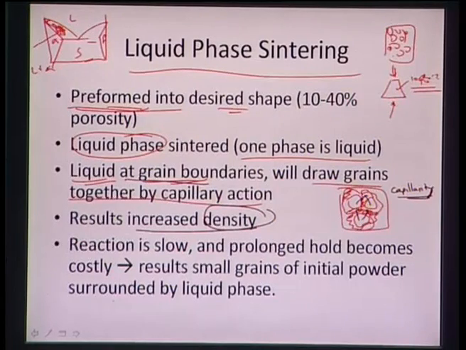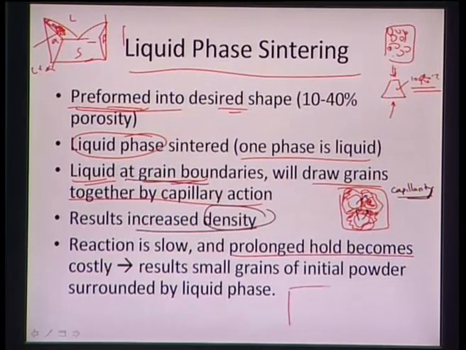But what happens in liquid phase sintering is that the reaction is very slow, because in this case one phase is still solid, so it has to undergo much diffusion, and the prolonged holding at very high temperatures will lead to the overall structure becoming much coarser. In this case we have these particles which are still there.